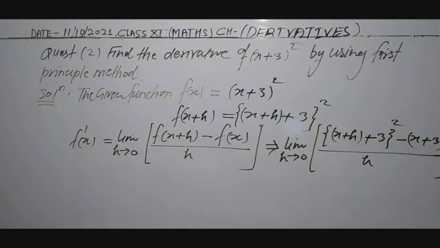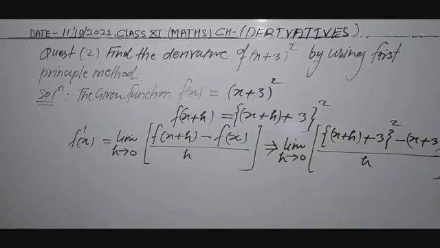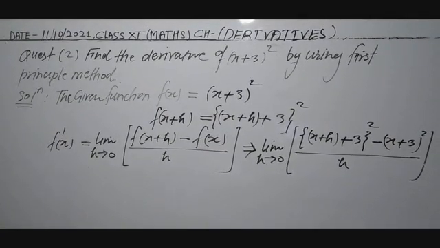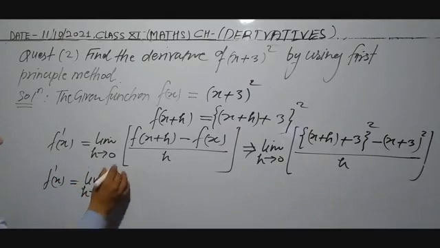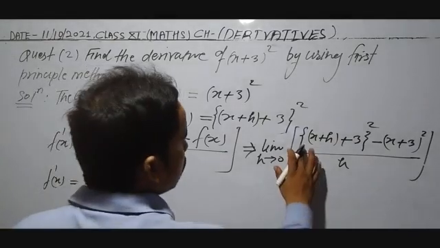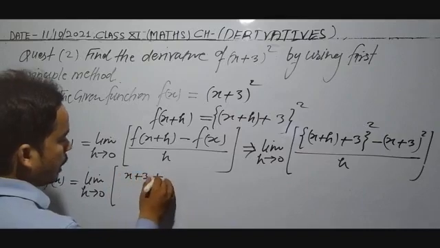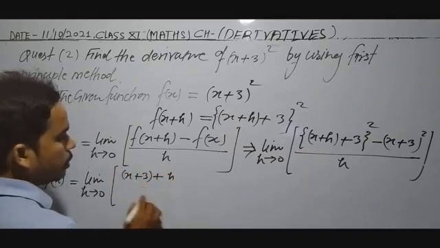Now see, now we can write f dash x is equal to limit h tends to 0. These steps we can write (x plus 3 plus h).